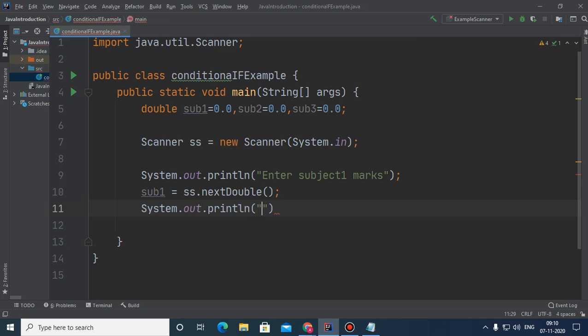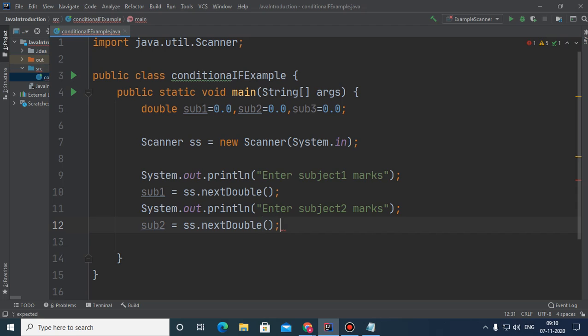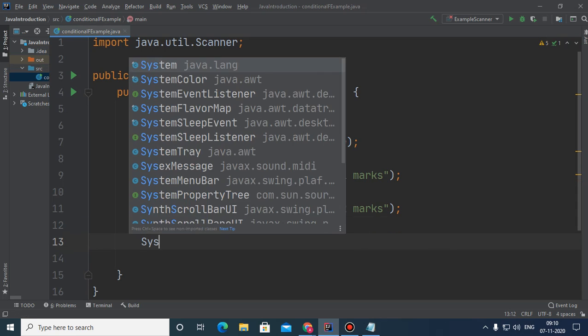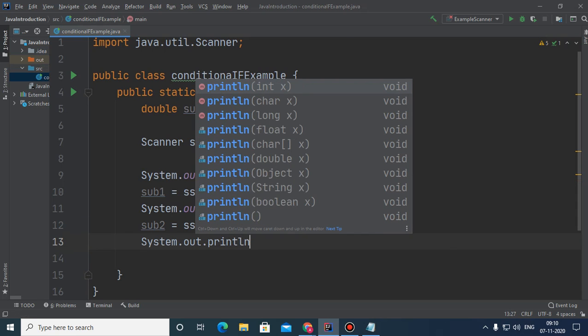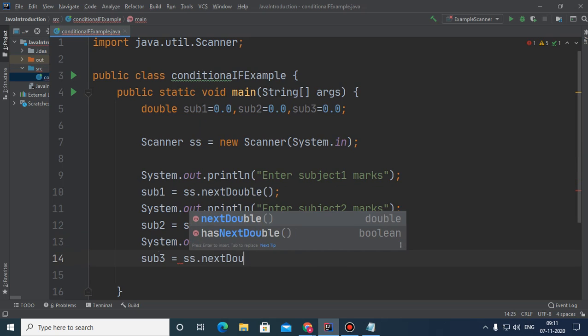and subject 2 marks, that is subject 2 is ss dot next double, and enter subject 3 marks, that is subject 3 is ss dot next double.